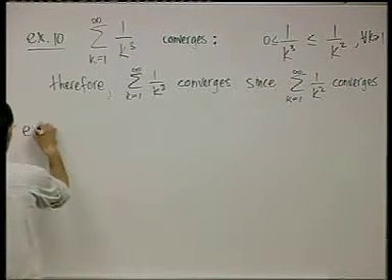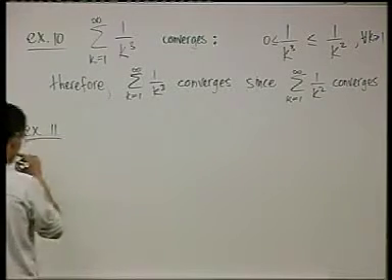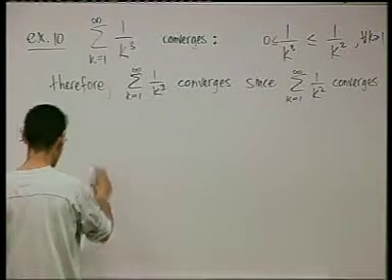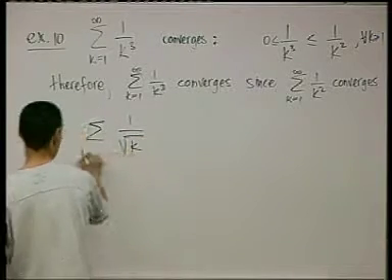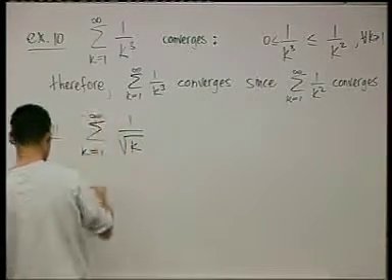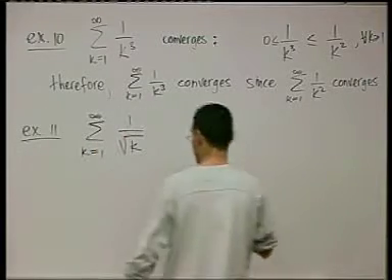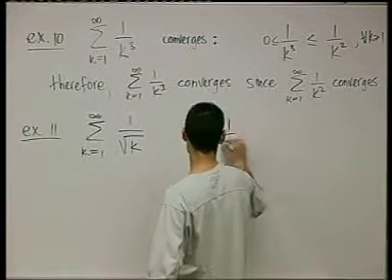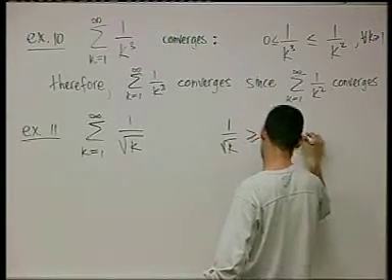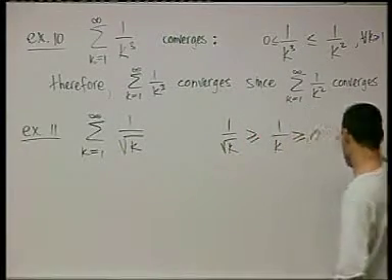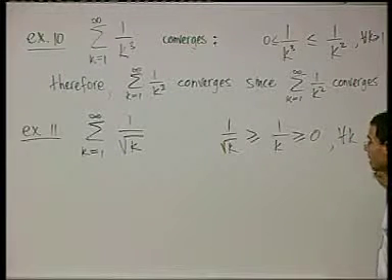Okay? Example 11. So, sum of 1 over root k, k equals 1 to infinity. So, 1 over root k is greater than or equal to 1 over k, which is greater than or equal to 0 for every k. Do you agree?